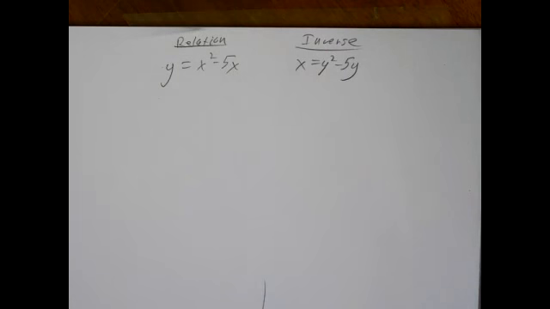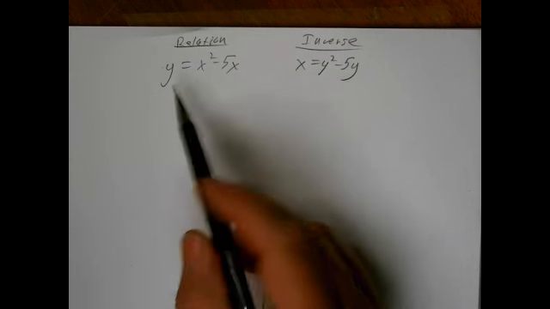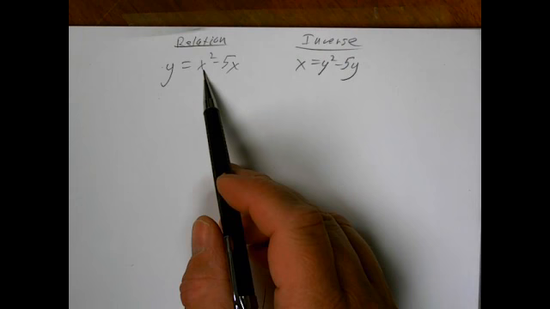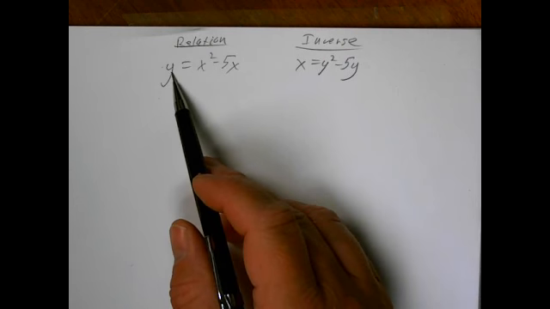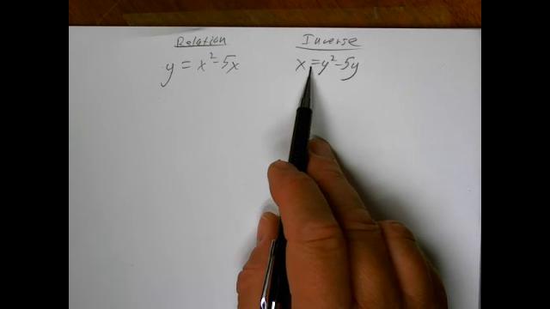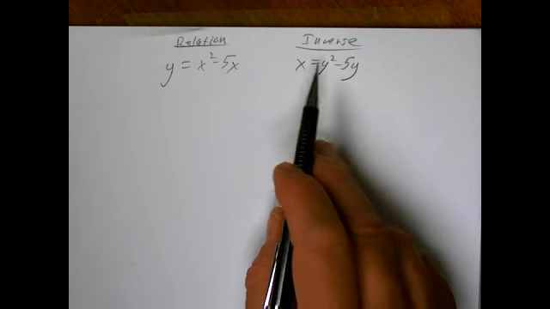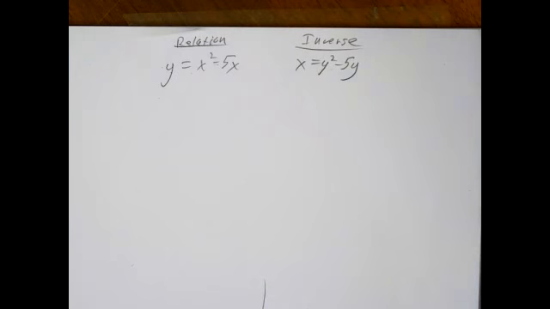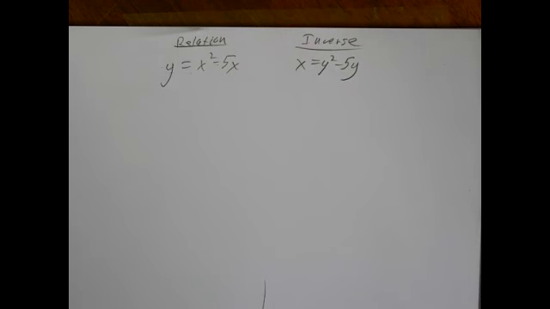Again, the x and y simply trade places. They just exchange. All right, so here the x is the original input, this y is the output, and over here they have traded places. So again, moving from a relation to its inverse, x and y simply trade places.